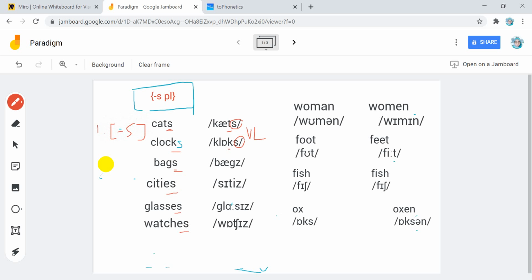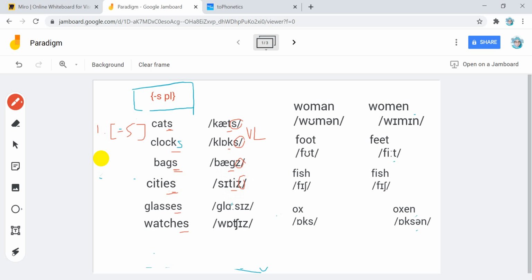Now, the second one, the S ending here is pronounced as Z. Why? Because the last sound ends with voice. G is a voiced sound.